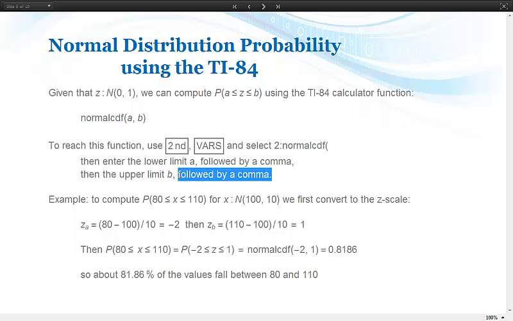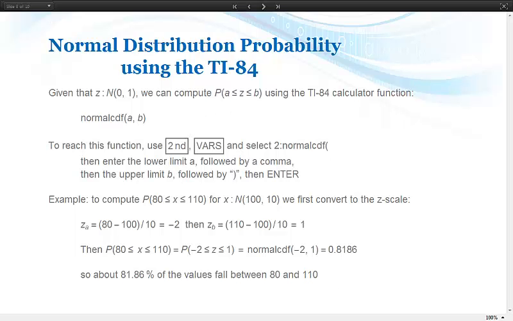We just follow it with a closed parenthesis if we want to be nice, and then we hit enter. What will be returned is the probability that z falls in that range.